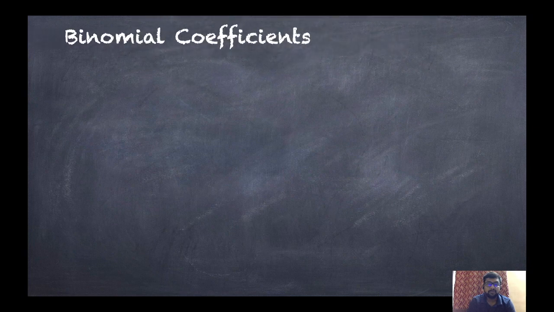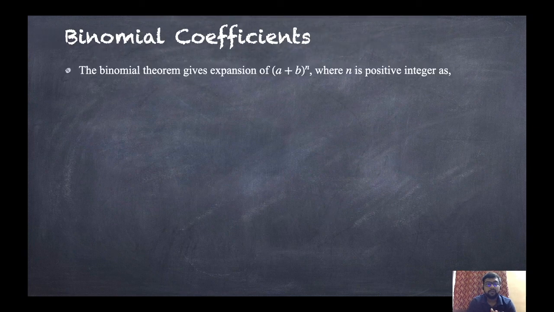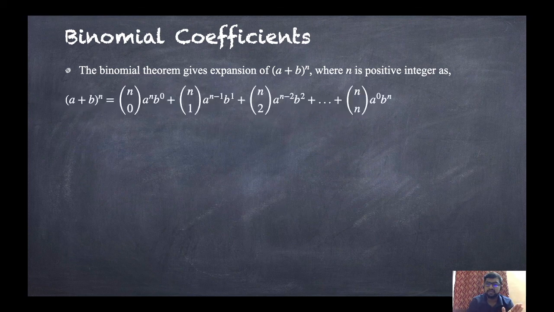Now, what are binomial coefficients? The binomial theorem gives the expansion of a plus b raised to n, where n is a positive integer. The expansion is like this, we have studied it in schools. a plus b raised to n is nC0 a^n b^0 plus nC1, or n choose 1, a^(n-1) b^1, plus nC2 a^(n-2) b^2, and so on up to nCn a^0 b^n.